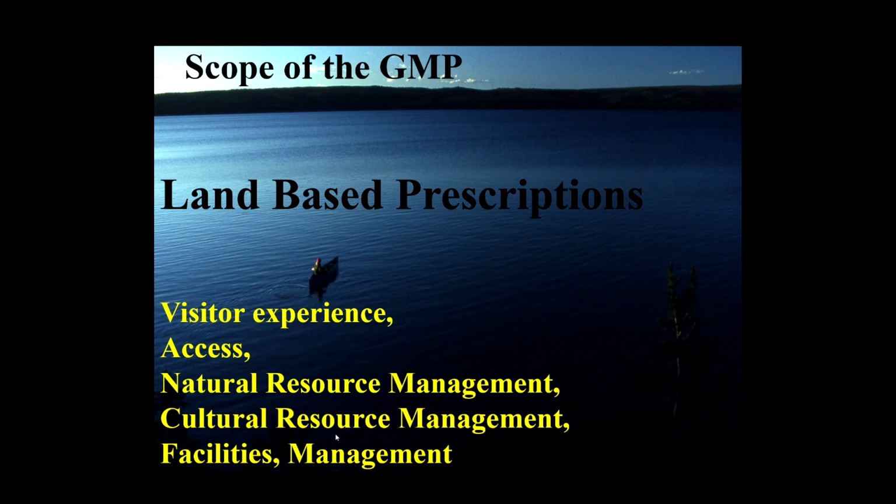So, land-based prescription plans. These are broadly described in the general management plan, but each one of these will have its own separate plan. Every park's going to have a slightly different combination. So a visitor experience plan is where all your interpretation is, and you'll see that it overlaps with the access plan, which is going to talk about how you are going to manage your boundaries, your borders, people hiking the Continental Divide Trail.